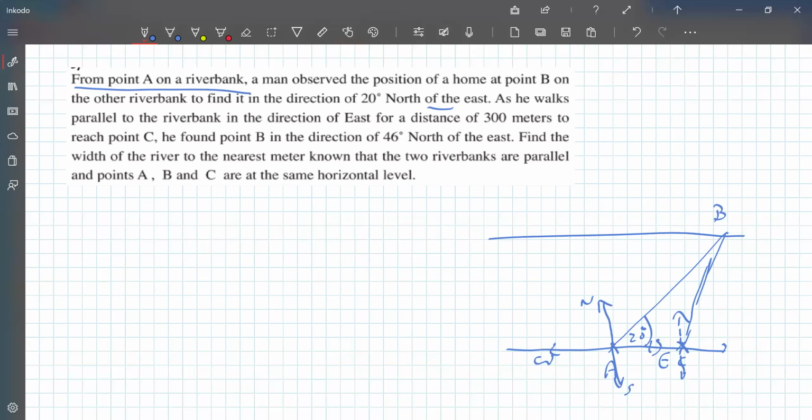Then the location of point B with respect to the new location of the man at point C, he told us that it is 46 degrees north of the east.